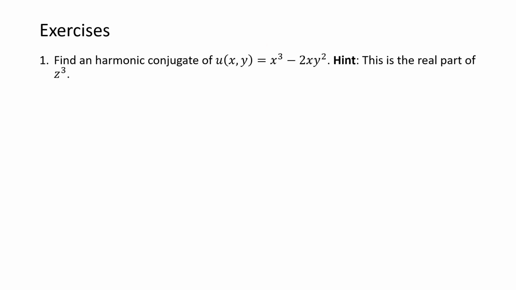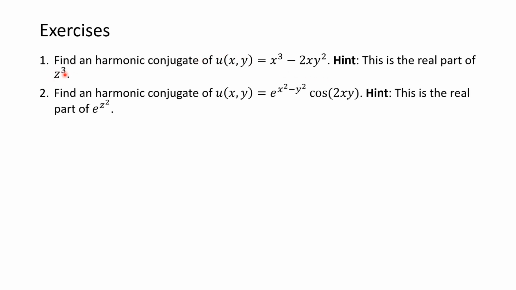So we have a few exercises to try. Given u equals x cubed minus 2xy squared, first we'll show u is harmonic, and then find its harmonic conjugate. And the hint is that u is the real part of z cubed. Same task, but a different function for our second exercise.